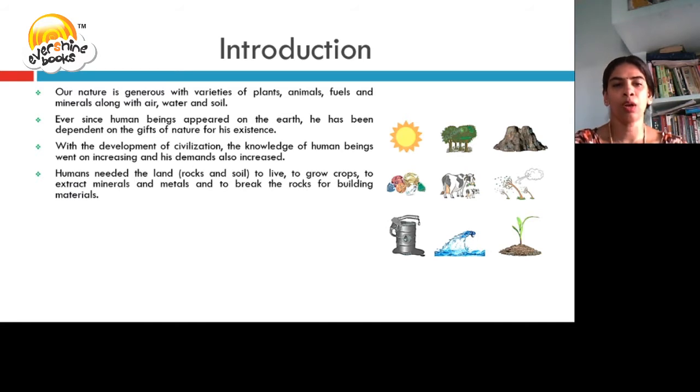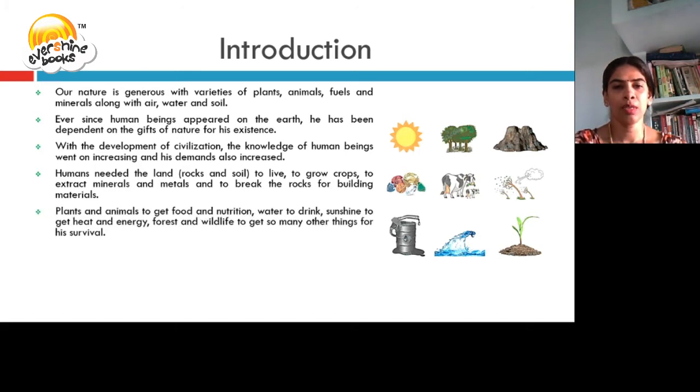Humans needed the land, which is made up of rocks and soils, for living, to grow crops, to extract minerals and metals, and also to break the rocks for building materials.